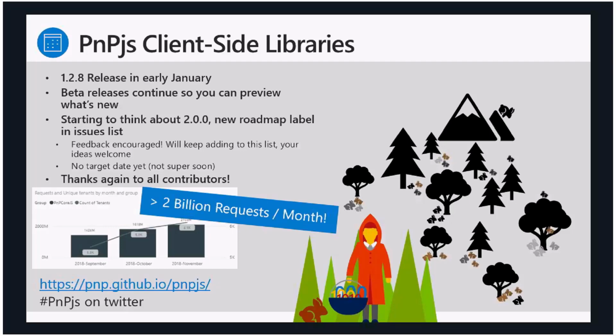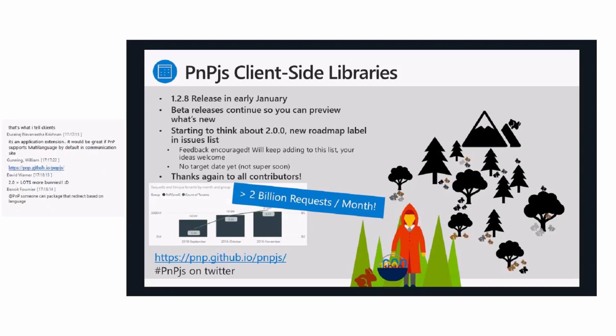But it does give us an opportunity to look at changing how some things work. So I've added a roadmap label into the issues list. I think there are 3 things out there right now tagged with that, and I'm happy to get feedback on any of those 3 things, or if you have ideas for other things, I would certainly love to hear those ideas. Not necessarily promising we'll be able to do everything, or everything in exactly the way folks might want, but we definitely want to hear those ideas so we don't miss any feedback.